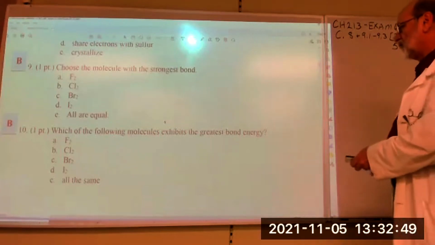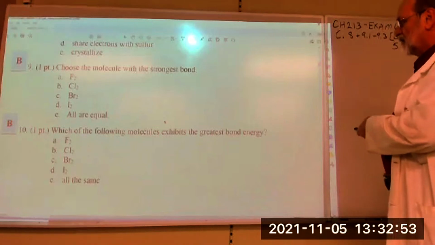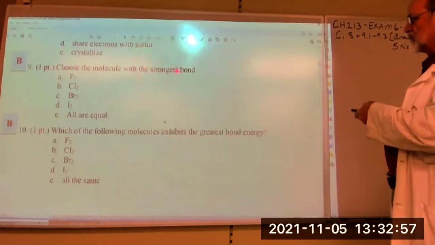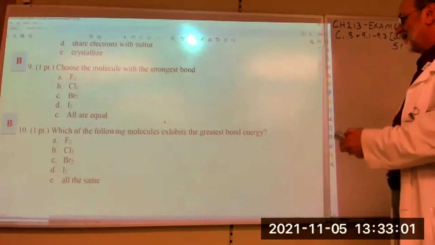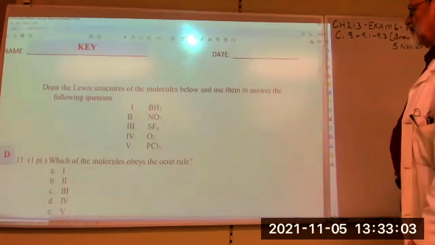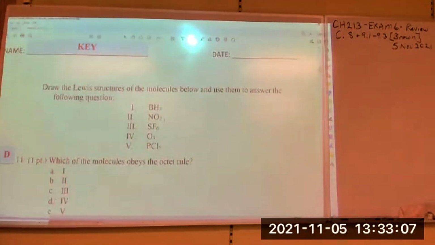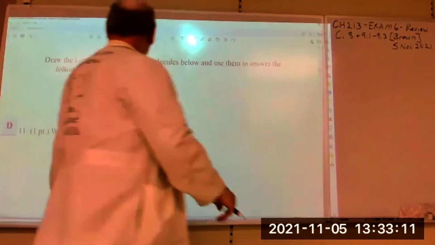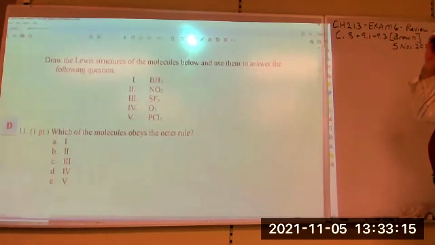Okay, which of the following molecules have the greatest bond energy? Well, that's just another way of saying the strongest bond. Scroll up a little bit. There we go. We draw the Lewis dot structures for these molecules.